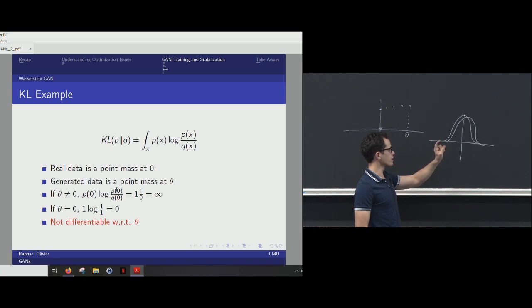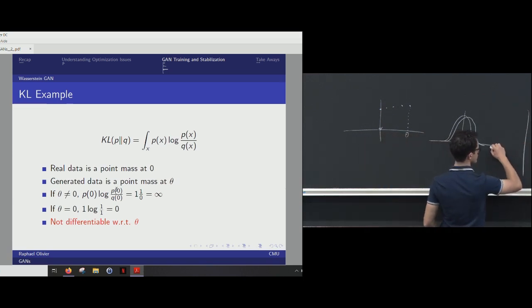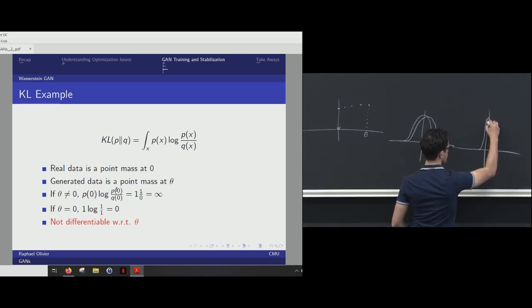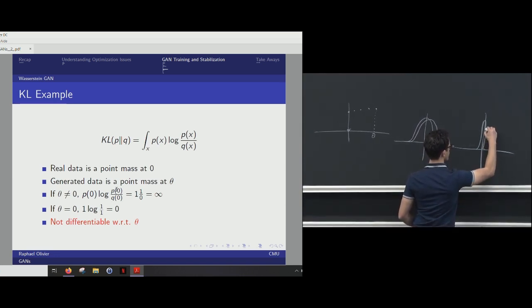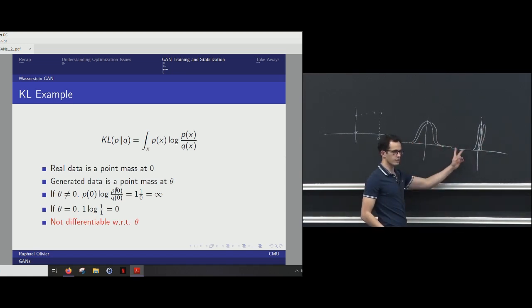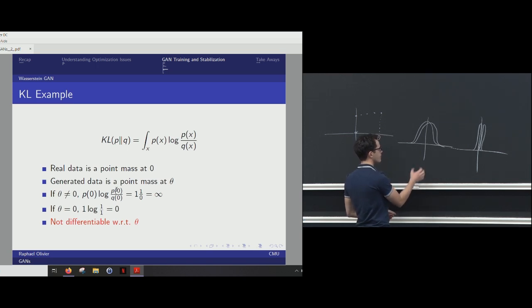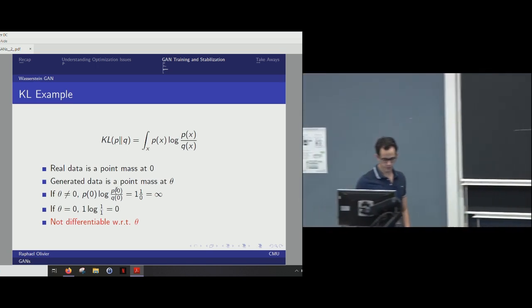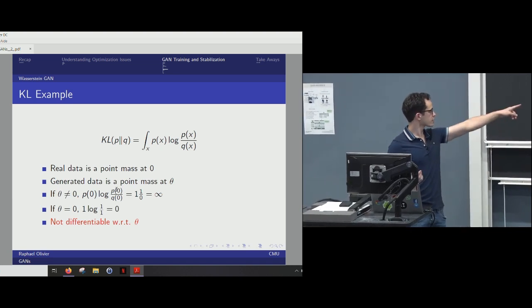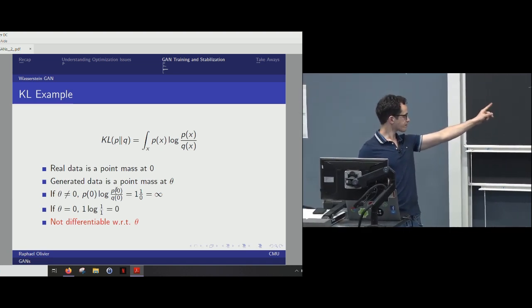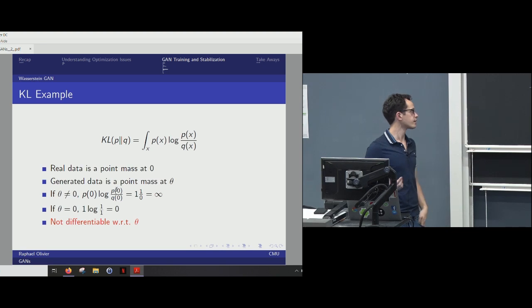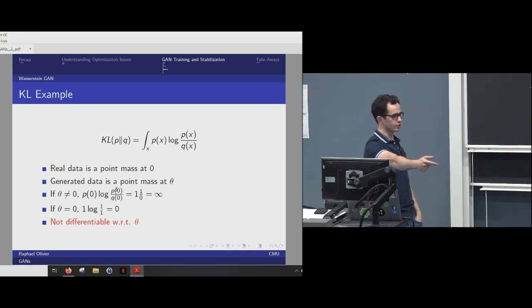But if you were looking at two Gaussians that are extremely narrow but have pretty much nothing in common, they are extremely far apart. And the fact that the center of this is close to the center of that does not matter at all for KL. They only care about the mass in common. So that's why, if you are looking at the setting of the deterministic thing, it's not differentiable in terms of theta. It's just infinity, and then it becomes immediately 0.